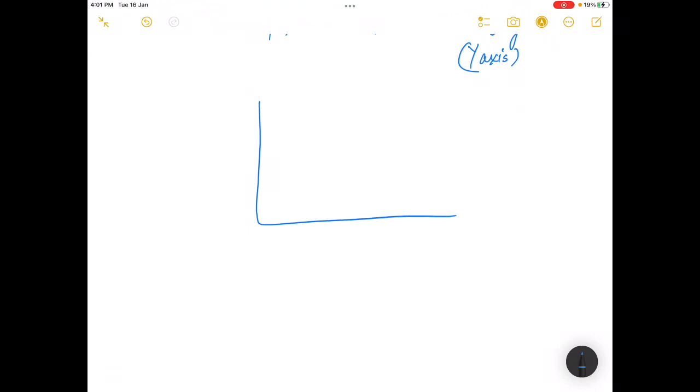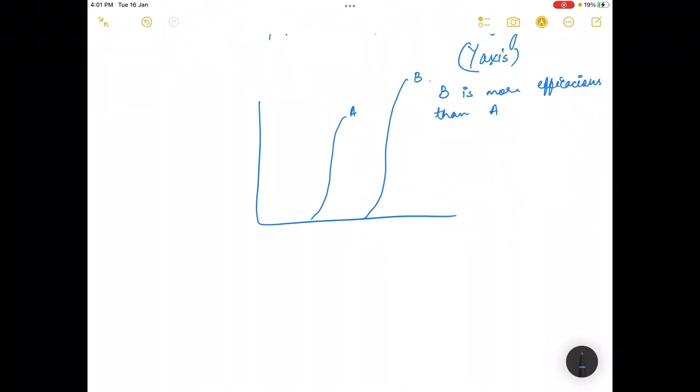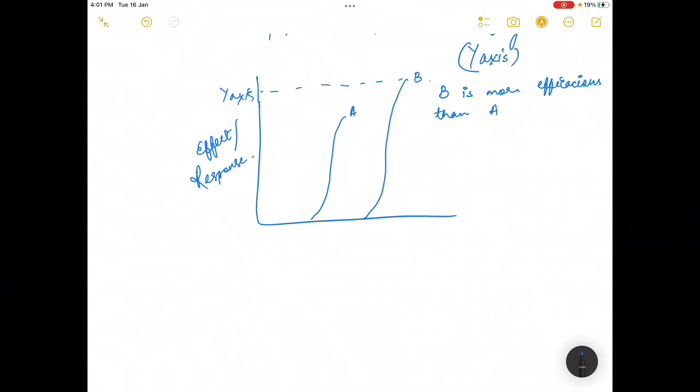For example, in this graph, if these are two drugs, drug A and B, B will be more efficacious than A. Why is this? This is because the peak of B on the y-axis is more, and y-axis shows the effect or response of the drug.